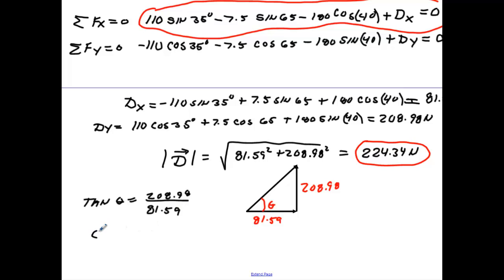So now we know that theta is equal to the inverse tangent of all this, 208.98 divided by 81.59. Okay, so we'll try that. 208.98 divided by 81.59. We get second tan, second answer, and I get a value of 68.37 degrees.